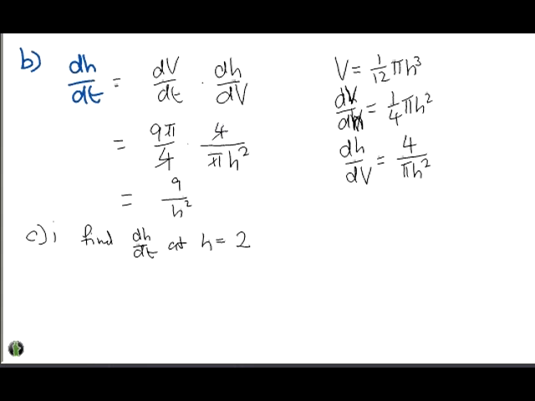Not very hard. You've got dH/dt up there as a function of H, so at H equals 2, dH/dt equals 9 on 2 squared, 9 on 4. There.